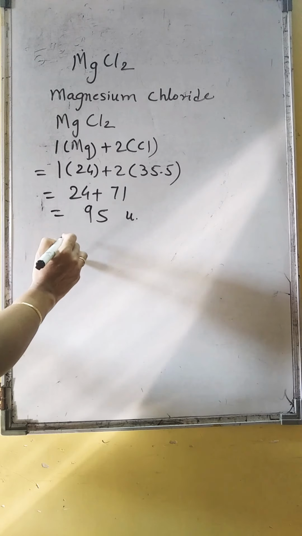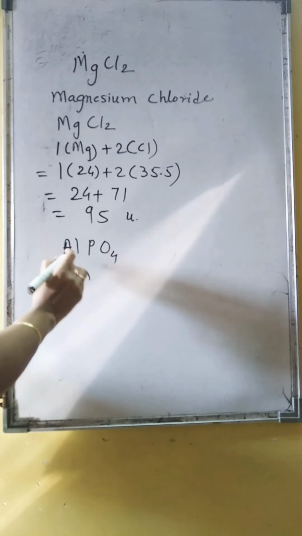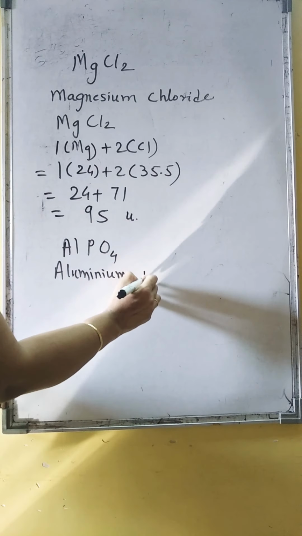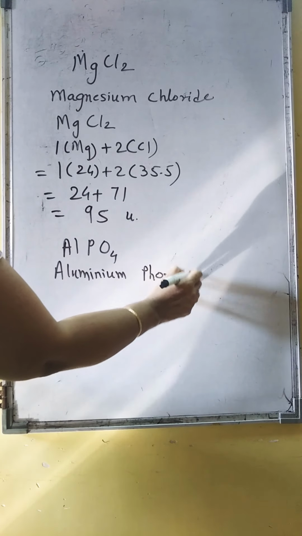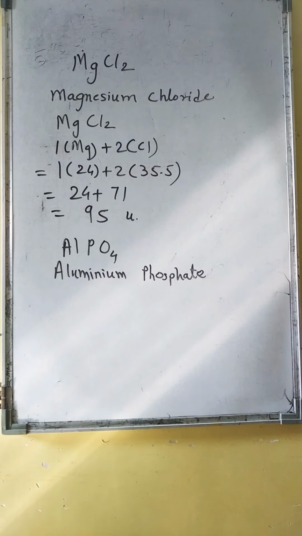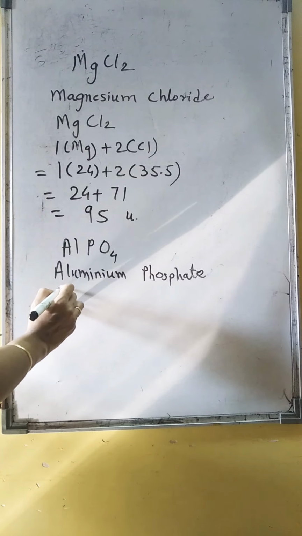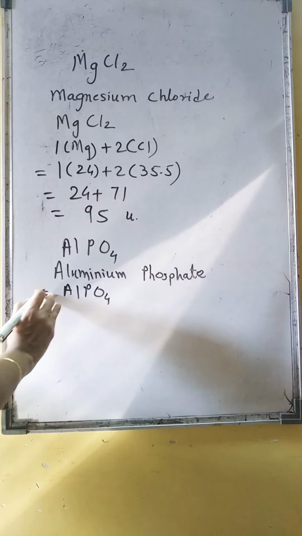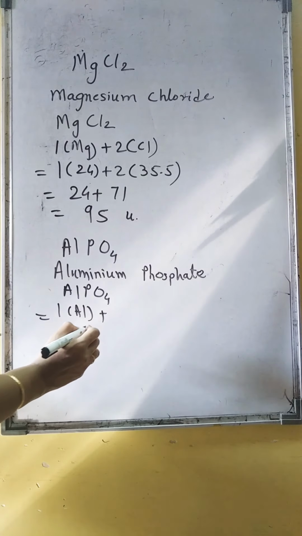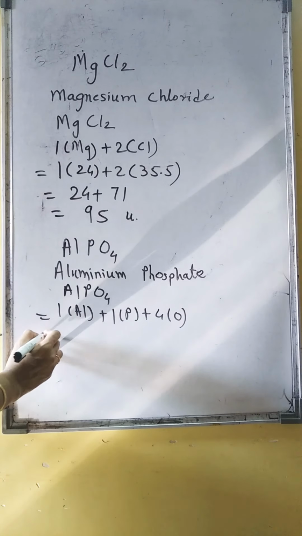Now you have the next one as AlPO4. It's aluminium. Al stands for aluminium, na? And this is phosphate group. So aluminium phosphate. Right? So we have here AlPO4. So 1 time Al plus 1 time P plus 4 times O. Right?